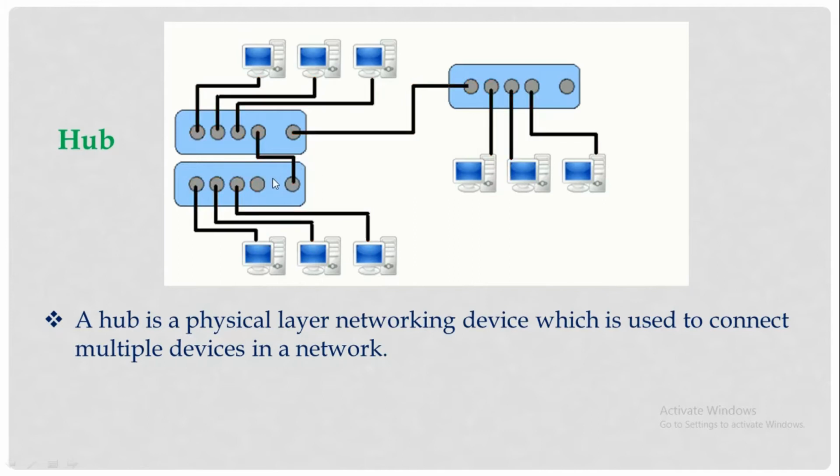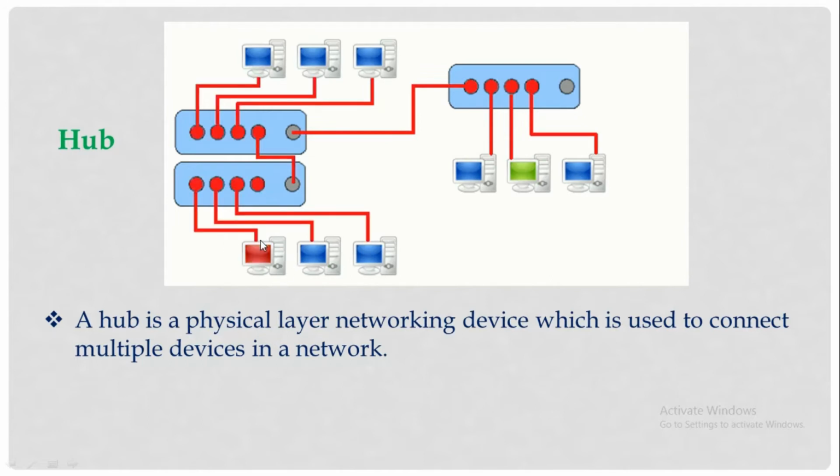Finally, the information is propagated to the third hub, which forwards all the packet information to all its ports. Finally it reaches all these 3 systems also. So the information has been successfully transmitted from this system to that system.